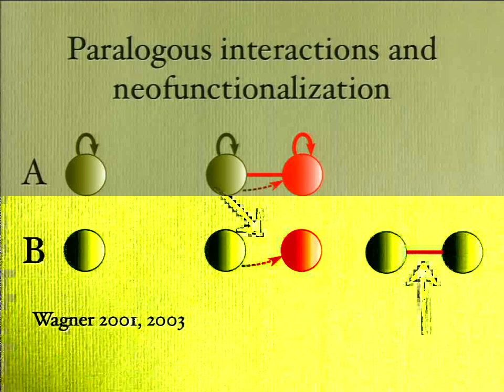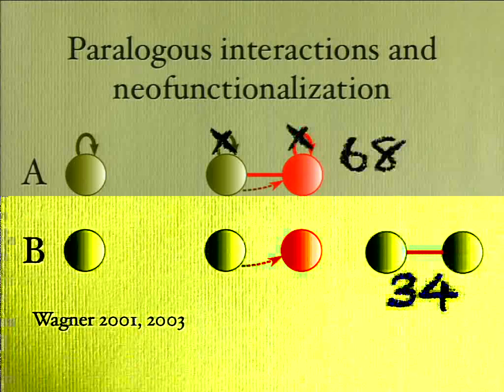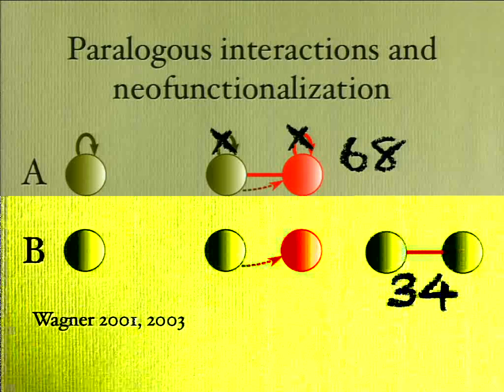Looking at the data, he did a count and found that there were 34 pairs of proteins, paralogous pairs I should say, that were interacting with each other but were not themselves self-interacting. So one of two possibilities had to explain this interaction.